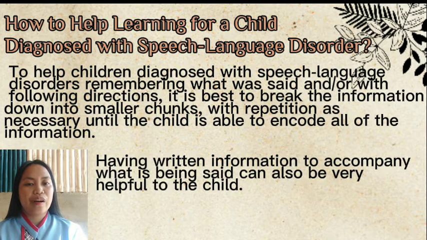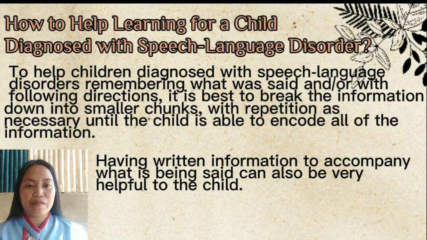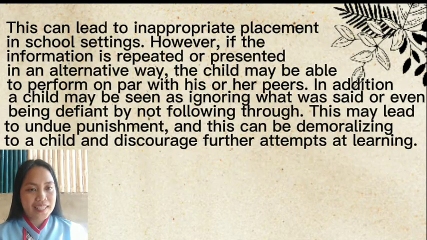Sometimes, children who have a difficult time with verbal information or instructions can be seen as less intelligent than they really are because they are not able to process the information as well as other students. This can lead to inappropriate placement in school settings.